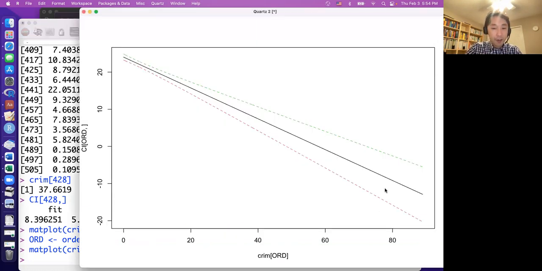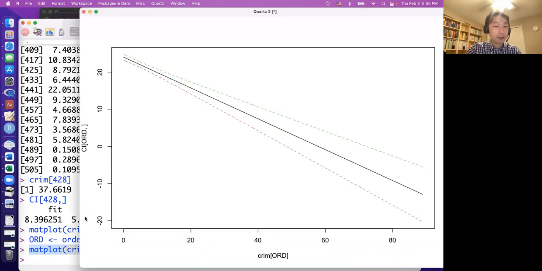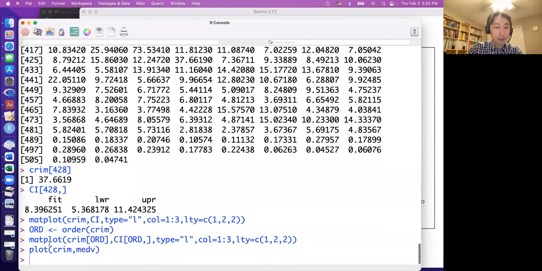I think overlaying the scatter plot with this is a little more complicated, maybe because matplot basically resets this window. So if we want to overlay, at first we can do it this way.